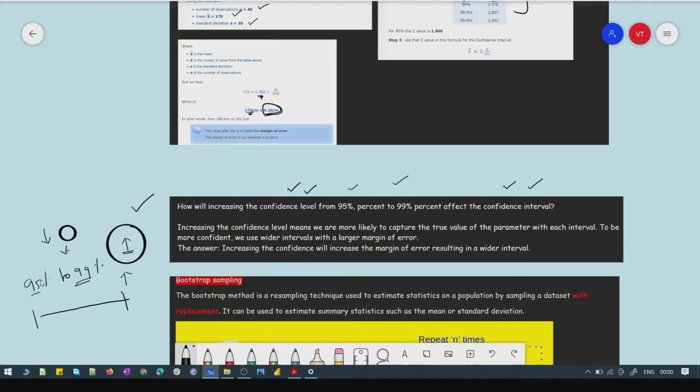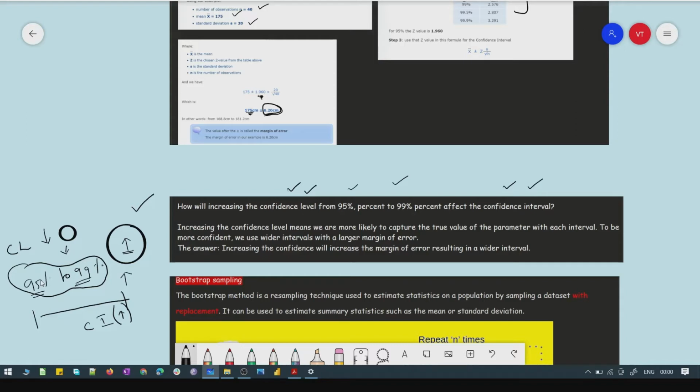When your confidence level increases, this is your confidence level and this is your confidence interval. When I want to express something with more confidence, it means I need a wide, big bucket, so the confidence interval will increase. That's the answer.